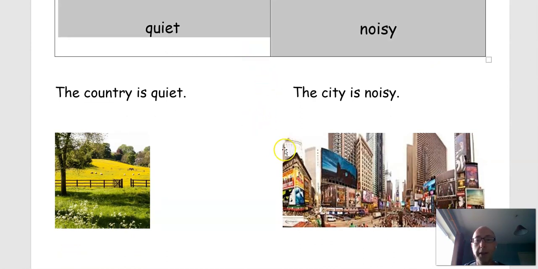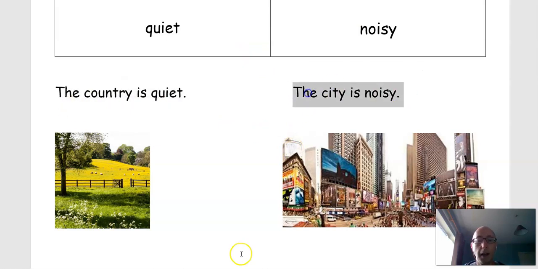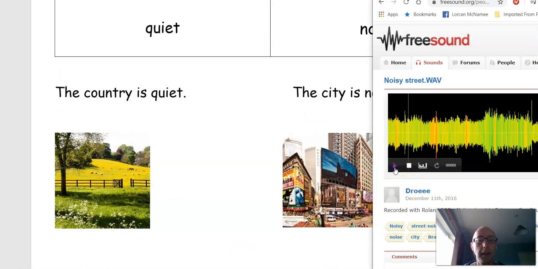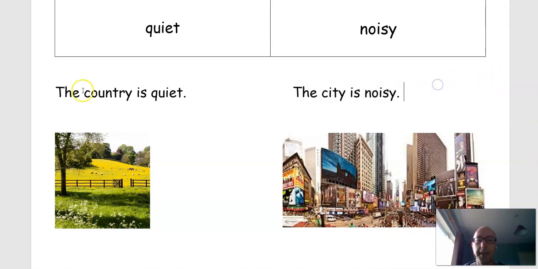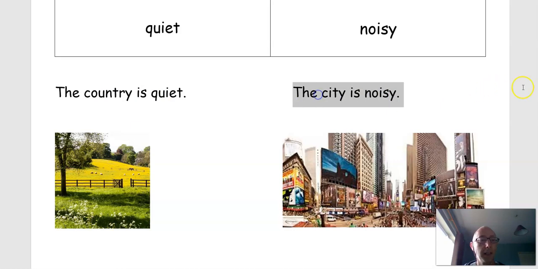Quiet and noisy. So the country is quiet, and the city is noisy. That's noisy. So we have quiet, noisy.